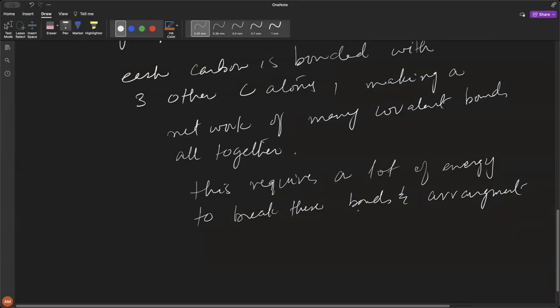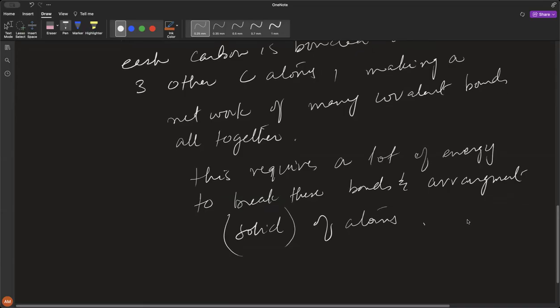It requires a lot of energy to break these bonds and the arrangement of atoms, all right? Because there are many covalent bonds all together. This is the reason it is solid and has a very high melting point and obviously boiling point.